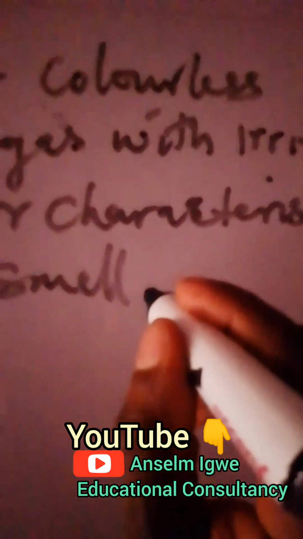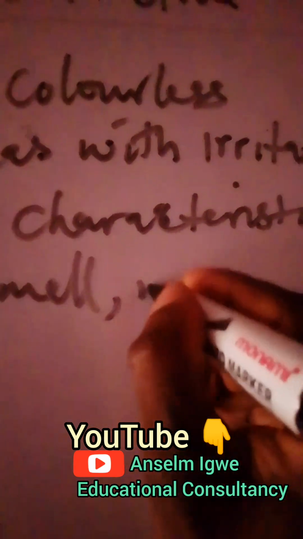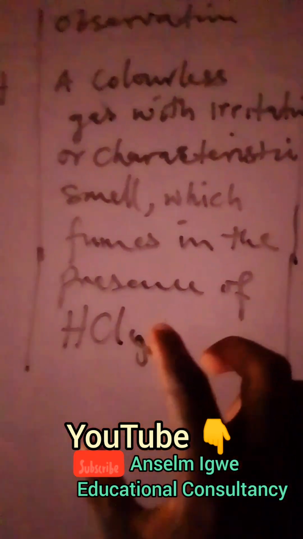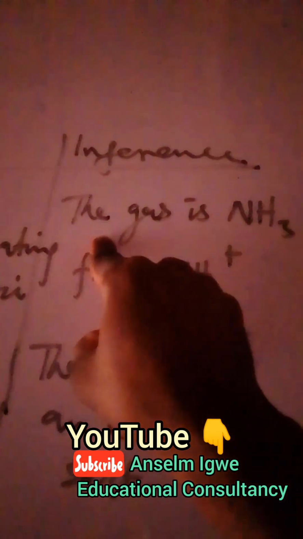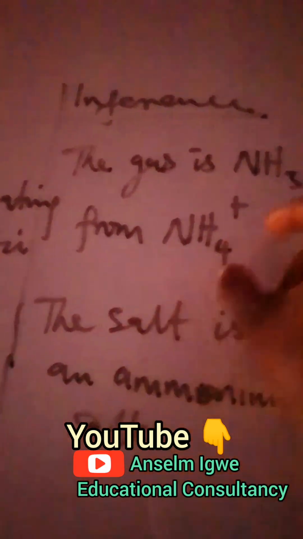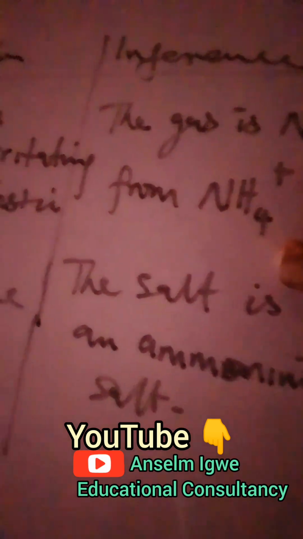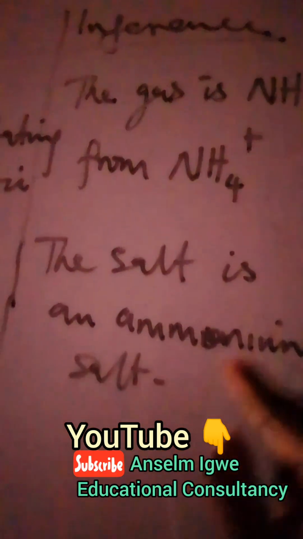You can further test the gas with hydrogen chloride, which fumes in the presence of hydrogen chloride gas. Yes, that is a test for ammonia gas. If it fumes in the presence of hydrogen chloride gas, then you confirm that the gas is ammonia from ammonium salt. Therefore, if there is ammonium salt in this unknown salt, it now means that the unknown salt is ammonium salt.